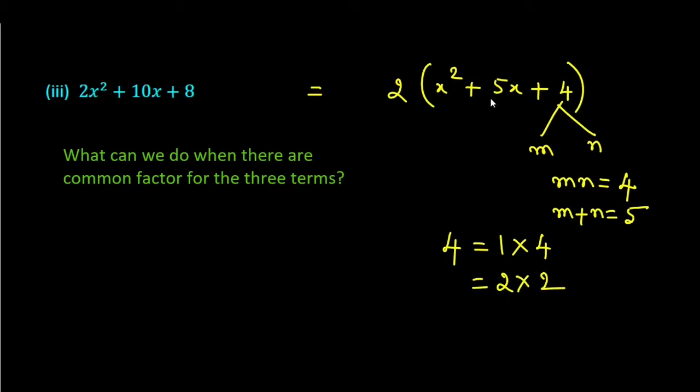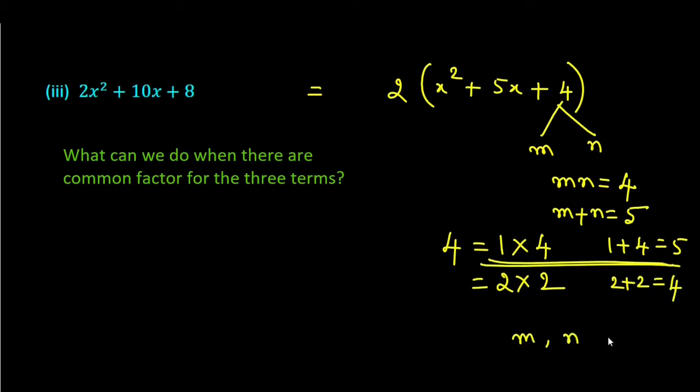Here we have positive 5, so these can be positive only. 1 plus 4, when we take the sum, 1 plus 4 is 5. Here 2 plus 2 is 4. m and n is equal to 1 and 4. Here 1 and 4 is the right choice of the pair of factors.